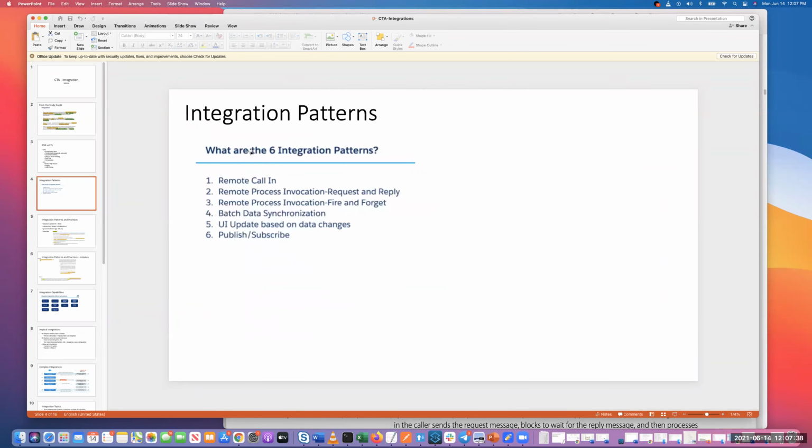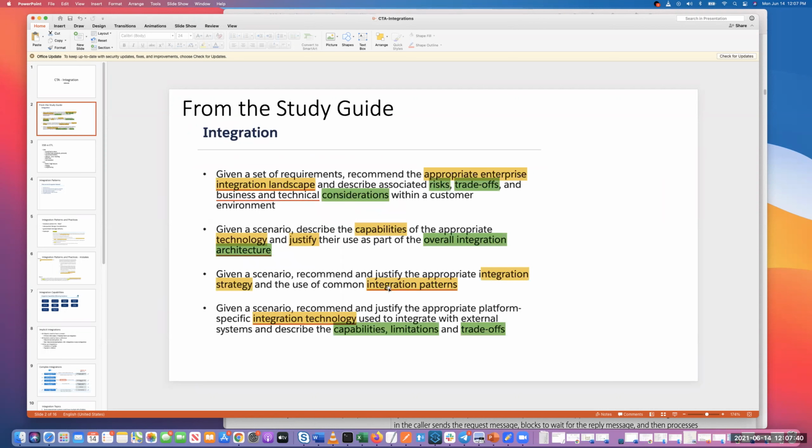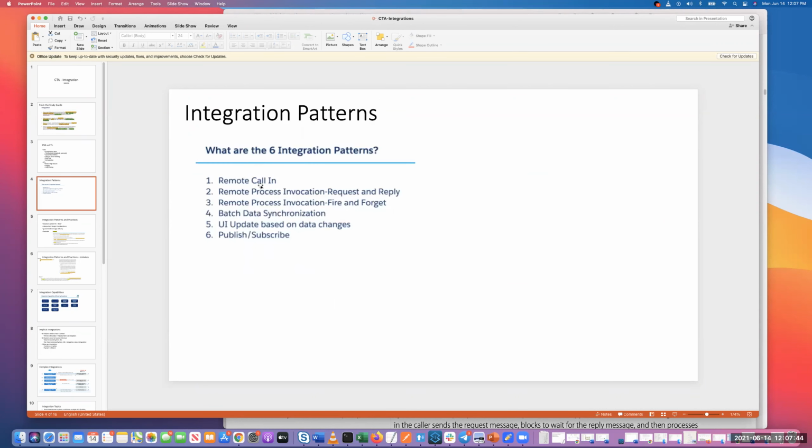Next, on the integration patterns, you saw patterns and technology. On the patterns, I just picked these from one of the workshops that we had. It's from what Salesforce says, and it's the same as in the integration patterns document.